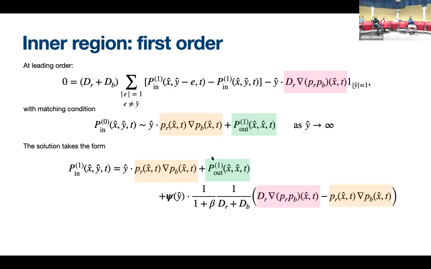If we plug this back into our problem, we end up with a linear function in y plus this psi term. This linear part is what you get from mean field. So if you evaluated the mean field approximation in the inner region, this is what you get. And this extra term psi is what's different from mean field, what's going to give us a different answer.